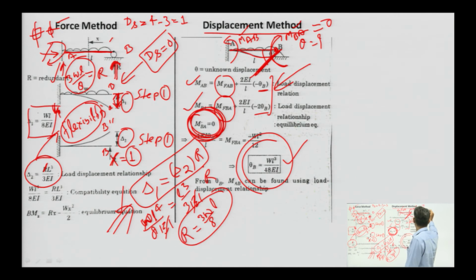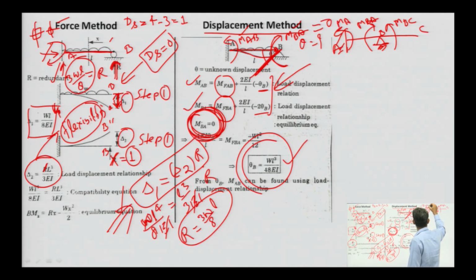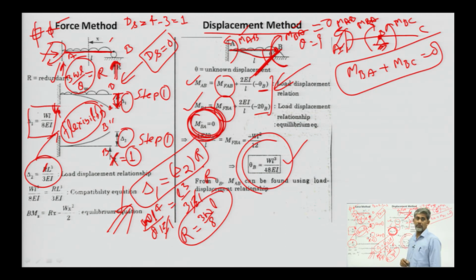If this structure is in this manner, say this is A, this point is B, this point is C, then this moment will be MBA, this one will be MBC, this one will be MAB. So, the equilibrium equation at point B will be MBA plus MBC is equal to 0. Since in this case it is a hinge, only MBA is equal to 0.